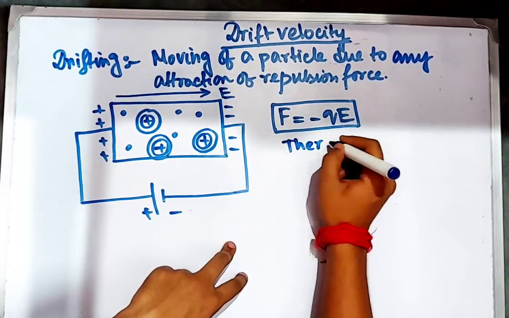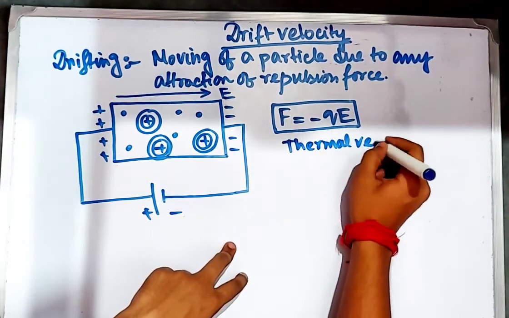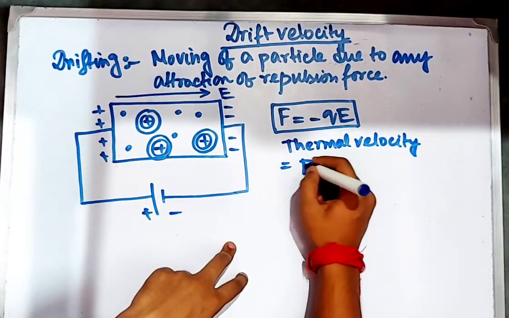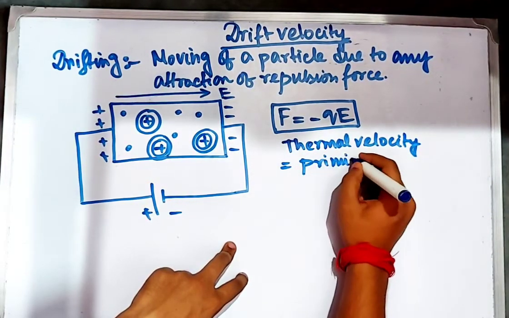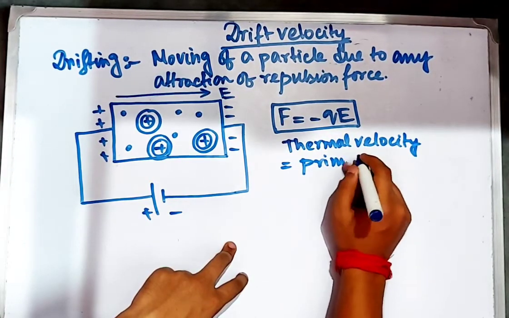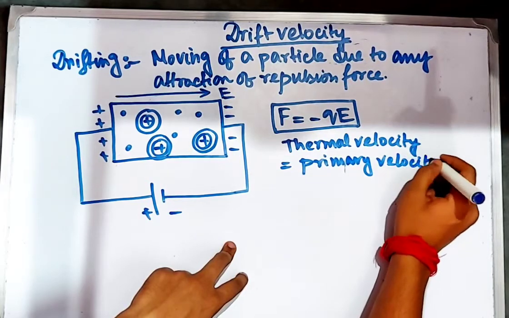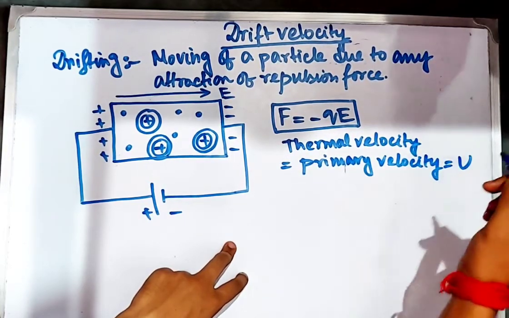So the thermal velocity is actually the primary velocity, and that is denoted by u.